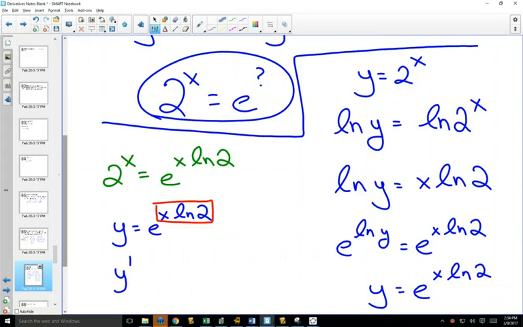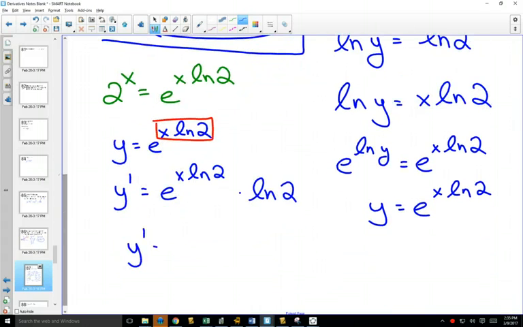So when we go to think what's our inside function, well, that's in the red box. What's our outside function? That's e to the x. So if we do the derivative of our outside function first, the derivative of e to the x is e to the x. So it doesn't change. Keep the inside the same. Multiply by, what's the derivative of the inside? Natural log of 2.